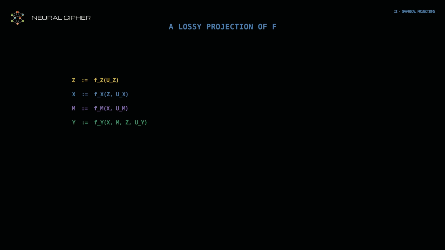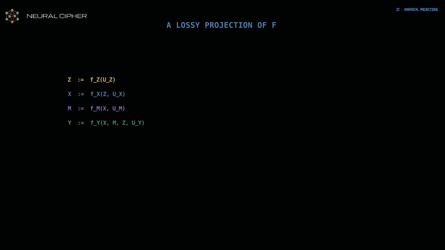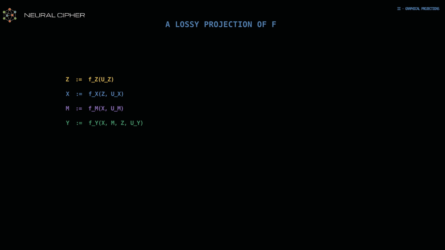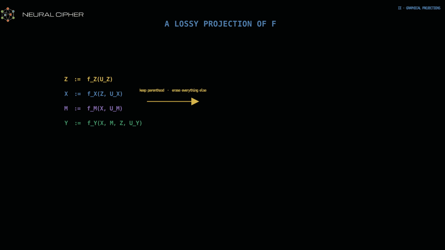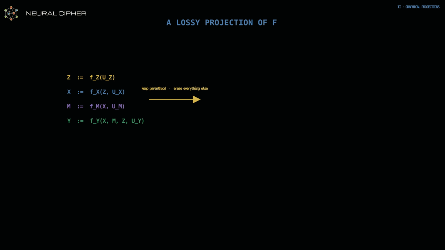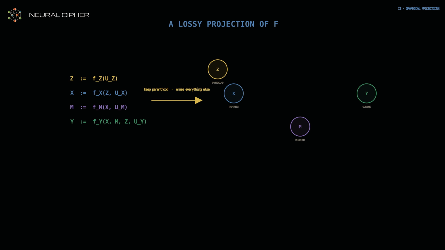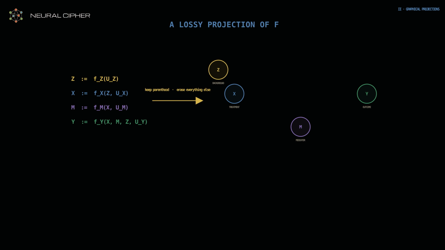The induced graph is a projection of the structural maps. Draw an arrow from V sub j to V sub i exactly when V sub j is a functional parent of V sub i. For the running system, the directed edges are Z to X, Z to Y, X to M, X to Y, and M to Y. The graph retains parenthood and discards the functional forms, variable ranges, exogenous coupling, and solution values.